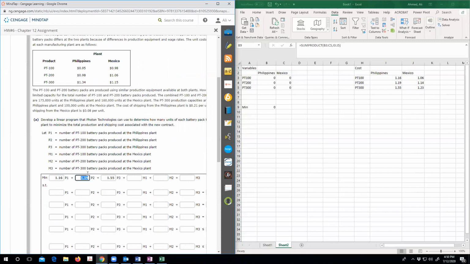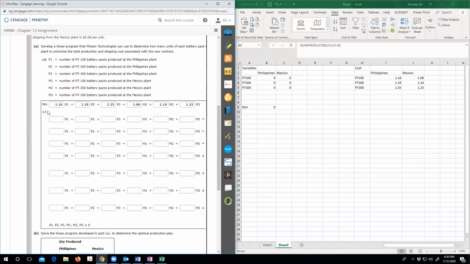The second one comes from this, and the third one comes from this. So M1 comes from 1.06, then 1.14, then 1.23. All right, so now our objective function is good to go.